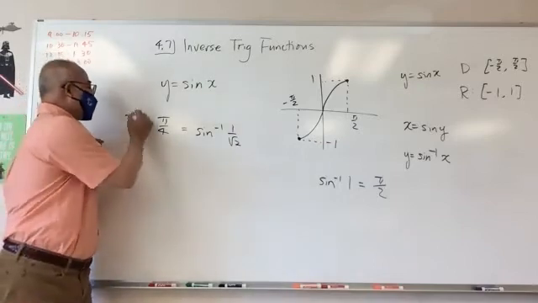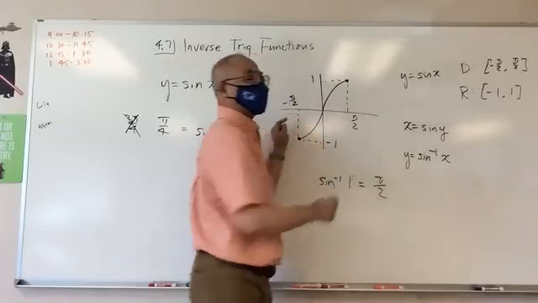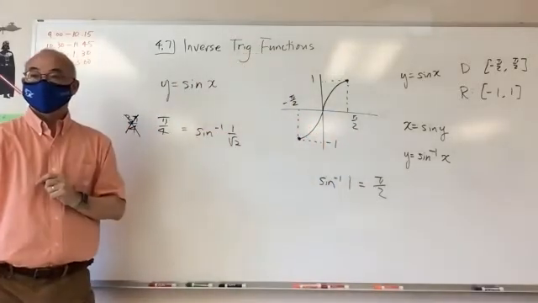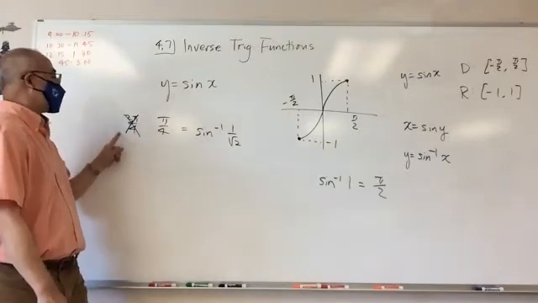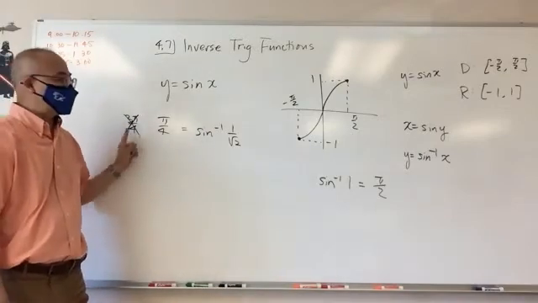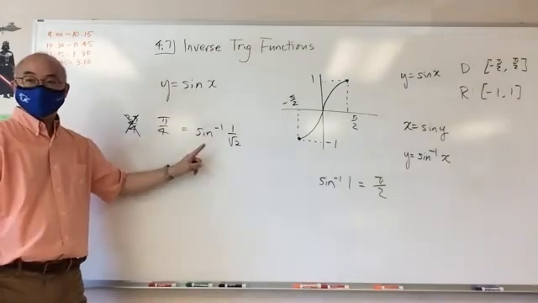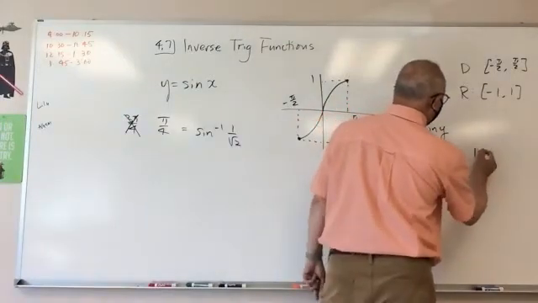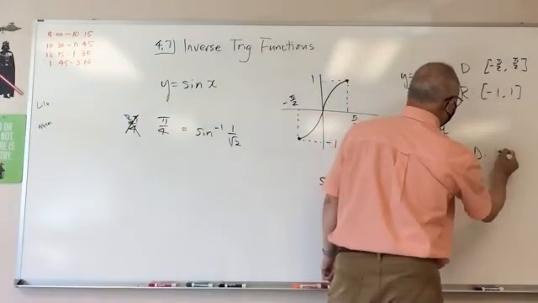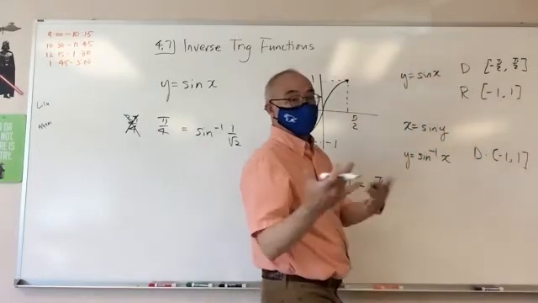Because we had agreed that we're going from negative pi over 2 to pi over 2. Does that make sense? You see why? Even though sine 3 pi over 4 is 1 over root 2, it is not a value of the arc sine. Because now we just swapped the domain and the range, because we swapped x's and y's to find an inverse function.